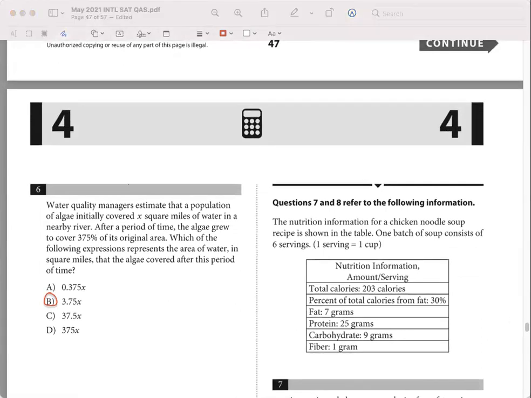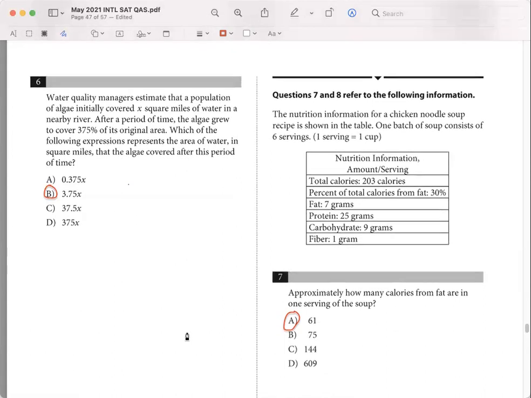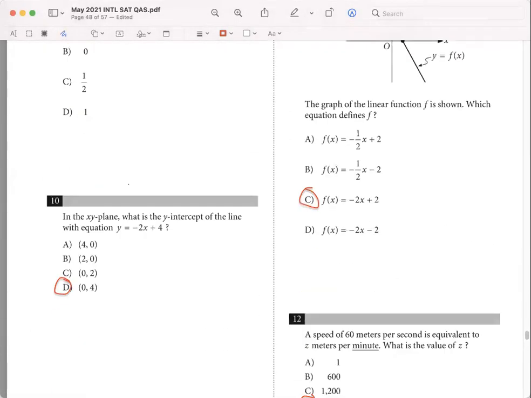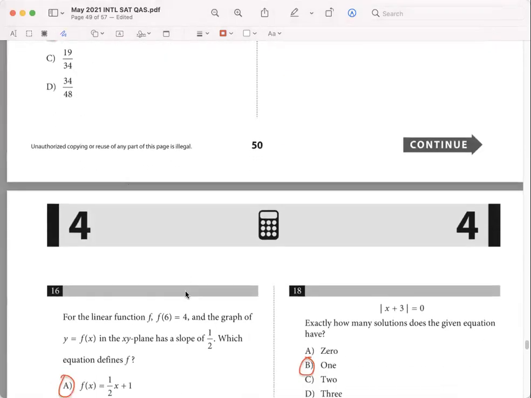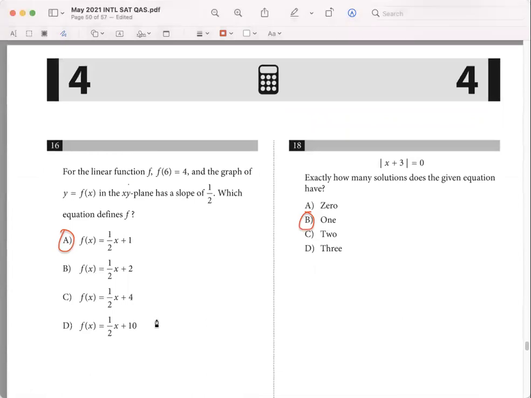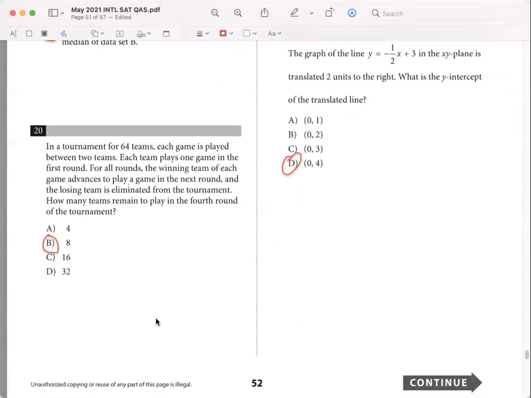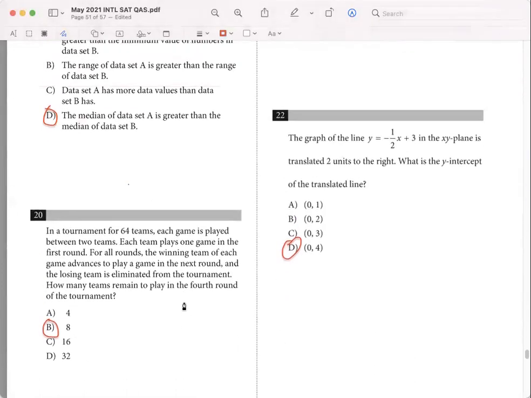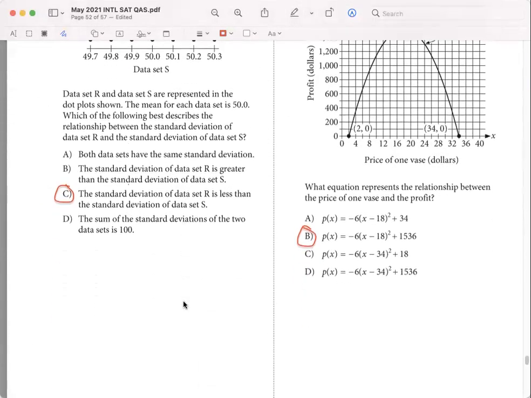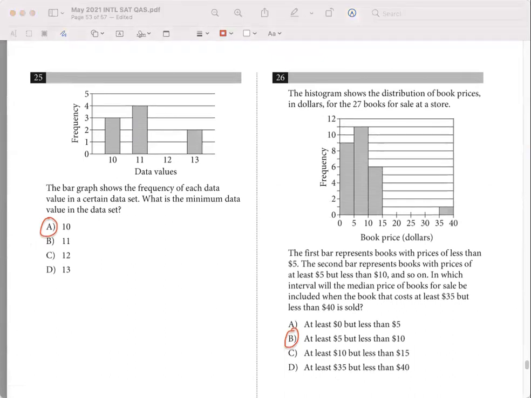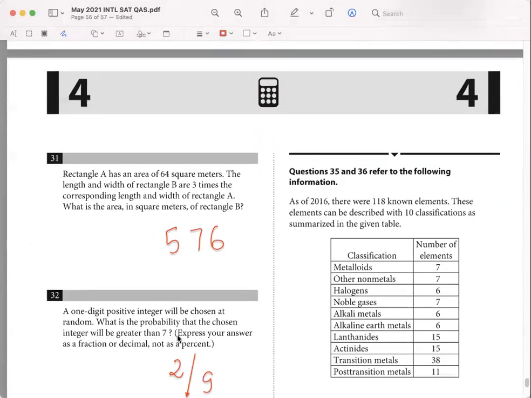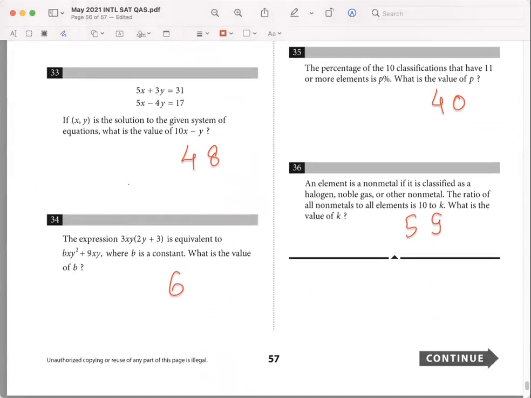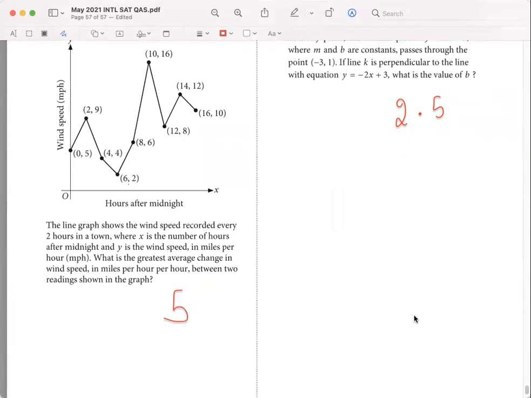Number 6, BAAAD. 11, CDCBB. 16, ADBDB. 21, ADCBA. 26, BCBCB. 31, 576, 2 by 9, 48. 640, 59, 5 and 2.5.